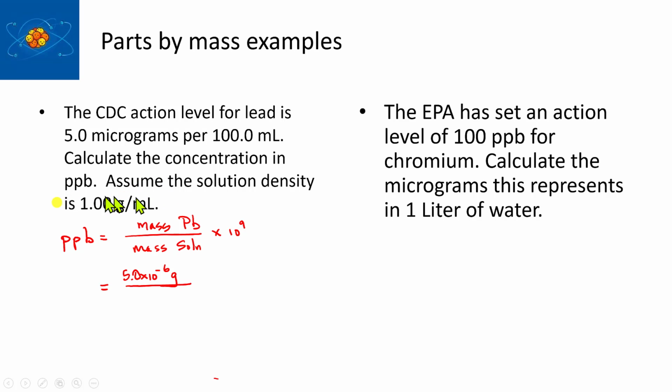This is actually something that's done a lot in environmental studies: we just assume the density of the solution is going to be 1 gram per milliliter, and for the most part that's pretty close. So 100.0 milliliters would be 100.0 grams. And then we multiply by 10 to the ninth. And this comes out to 50 parts per billion.